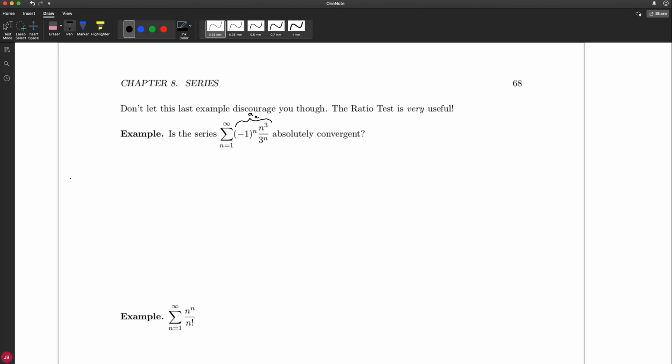So we're going to take the limit, n goes to infinity, absolute value. And now remember, we plug in n plus 1, and then big division bar, plug in just n. So it's essentially like when you're plugging in just n, it's exactly the summand that you're looking at here, right?